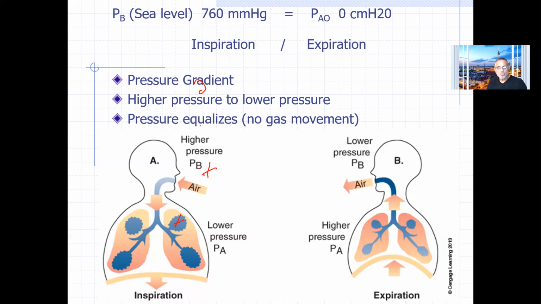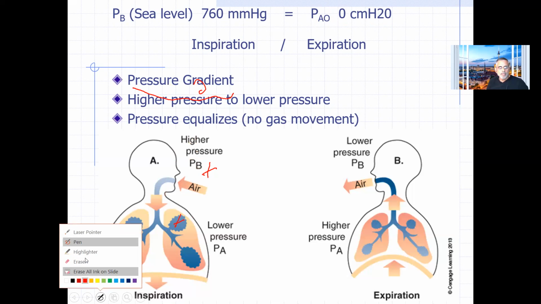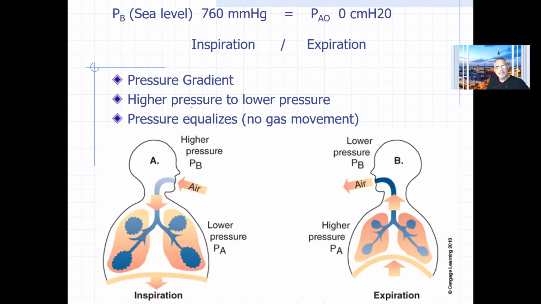We can call that a pressure gradient. When we're looking at that pressure gradient, gas will flow if we make a pressure gradient from a higher pressure to a lower pressure.